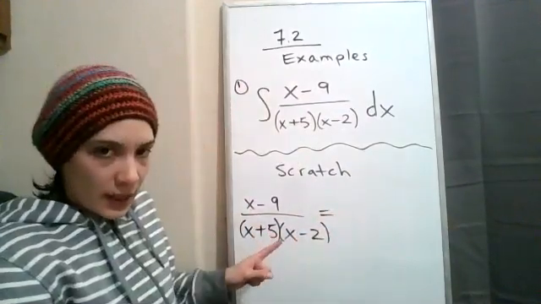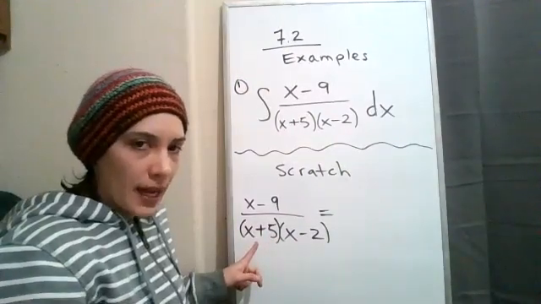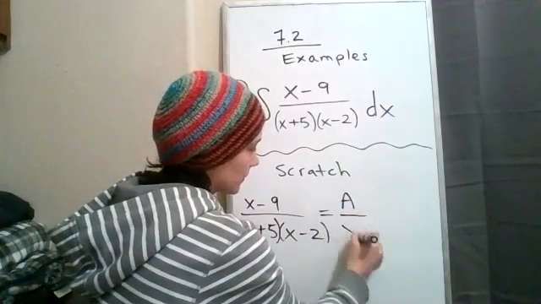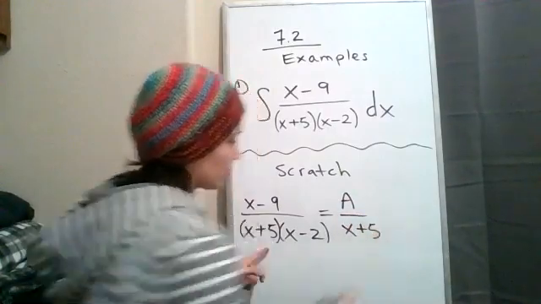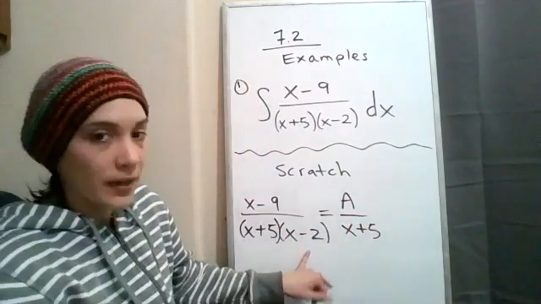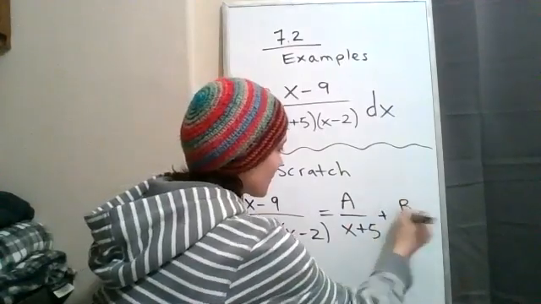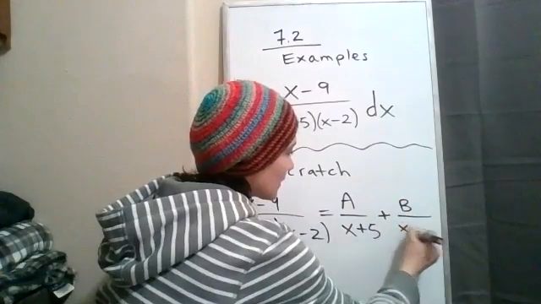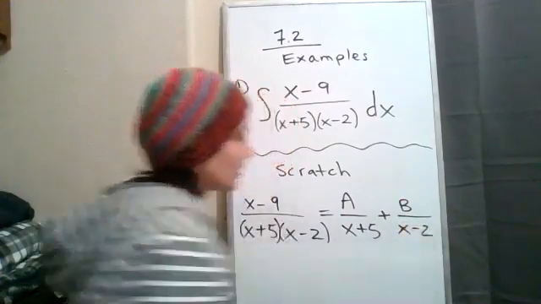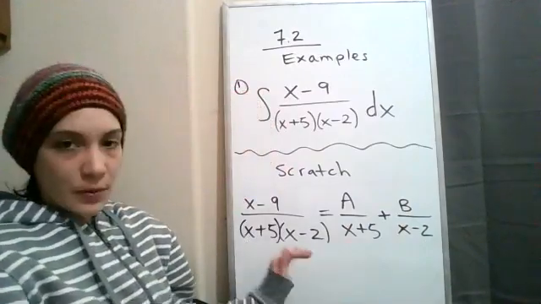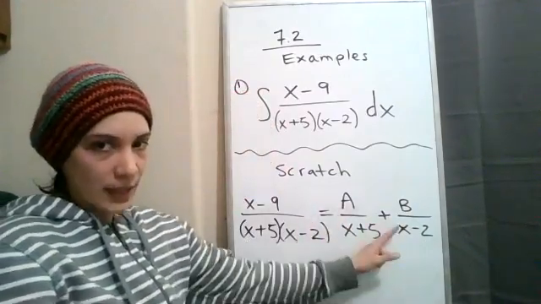So we want this to look like some number a over x plus 5, plus b over x minus 2. And then we keep doing scratch work to find a and b.